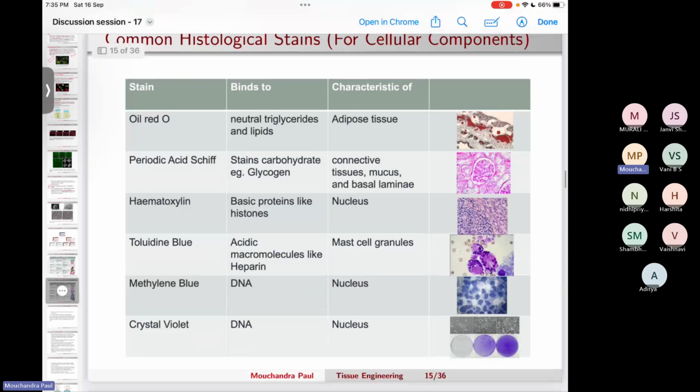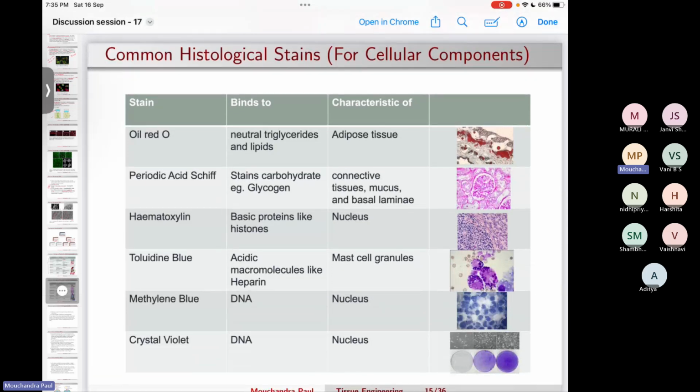Now you can also use some stains that are easily available for visualizing the cellular components, like DNA, okay, then heparin molecules, histones, glycogen. So these are all produced by the cells. Okay, so like you can use methylene blue to stain the DNA that is present inside the nucleus.